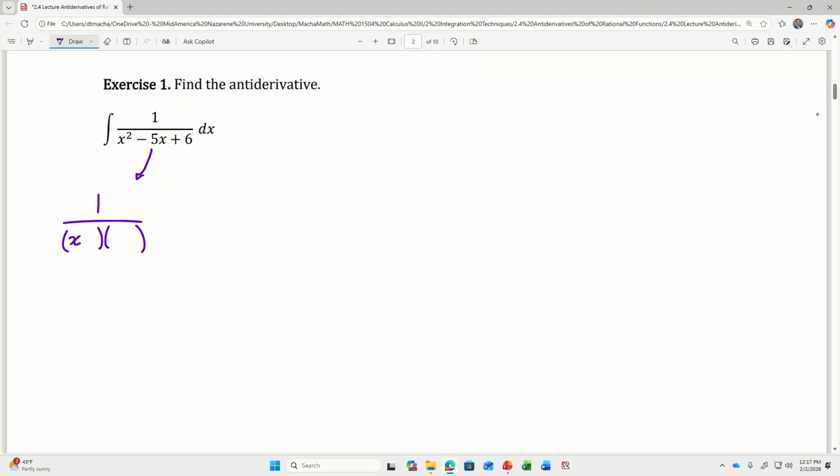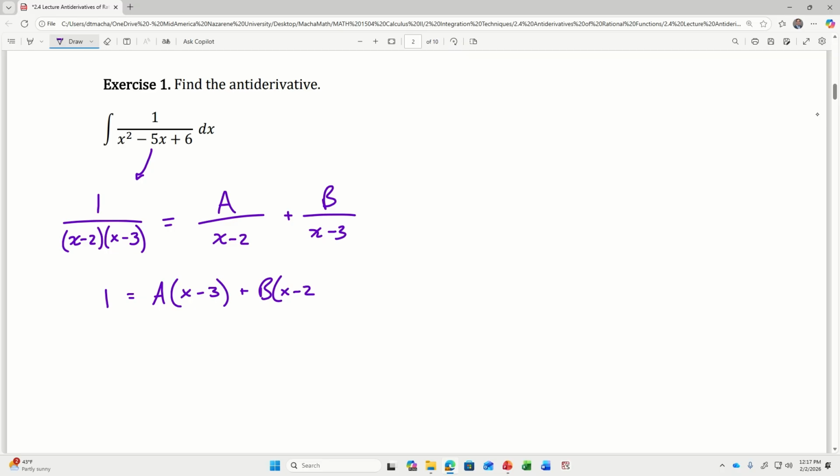How do I factor that? Yeah, x minus 3 times x minus 2. And so this, after decomposition, is going to be equal to a divided by x minus 2 plus b divided by x minus 3. Or in other words, 1 is equal to a times x minus 3 plus b times x minus 2.